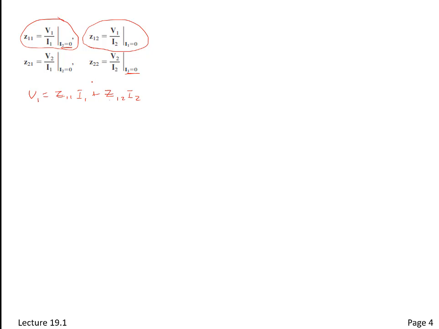You just open the terminal on the opposite side, okay? So they're called the open circuit parameters, and the four of them are defined as the open circuit input impedance.